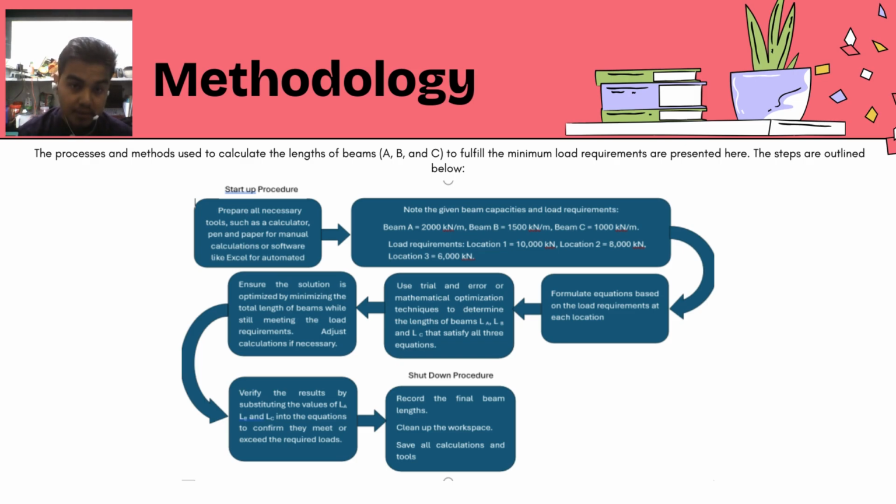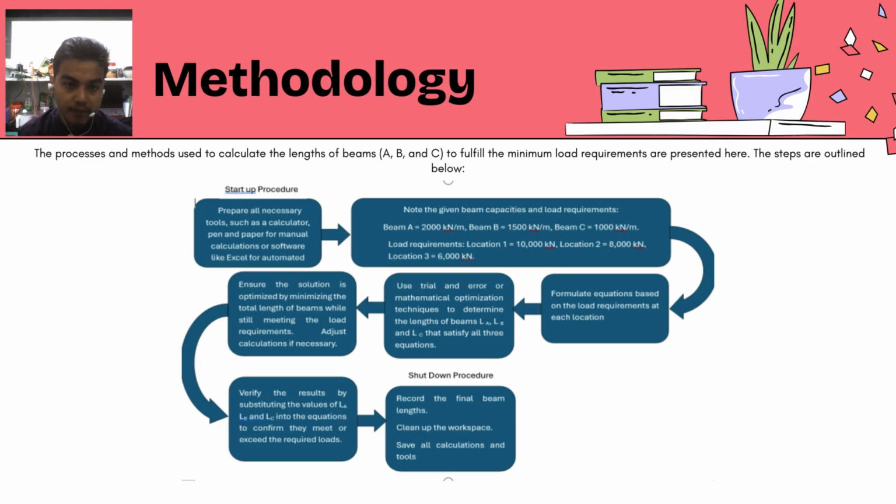The next step is to use trial and error or mathematical optimization techniques to determine the lengths of the beams LA, LB, and LC that satisfy all three equations. Next, ensure the solution is optimized by minimizing the total length of beams while still meeting the load requirements.